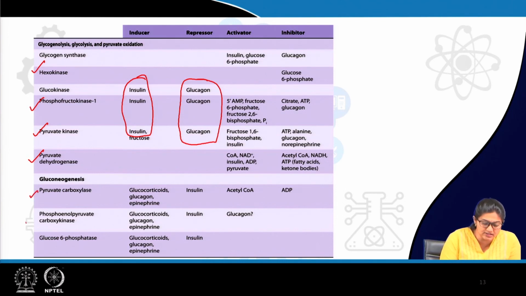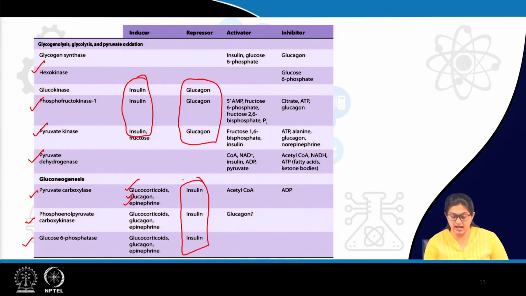Similarly, in gluconeogenesis, pyruvate carboxylase, phosphoenolpyruvate carboxykinase, and glucose 6-phosphatase are induced by glucocorticoid, glucagon, and epinephrine and inhibited by insulin.